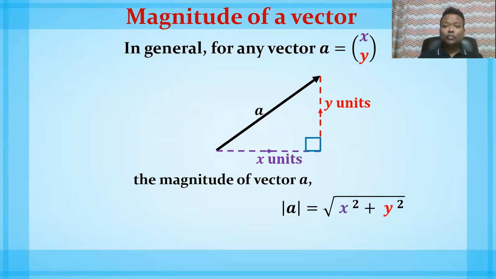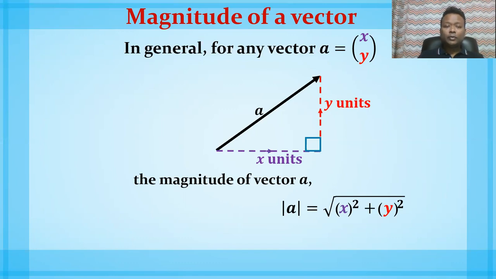Also, the magnitude of a vector cannot be negative. Students, remember also that x and y can take positive or negative values. So, it is advisable when substituting values of x and y into the formula to use brackets in order to find the magnitude of the vector correctly.